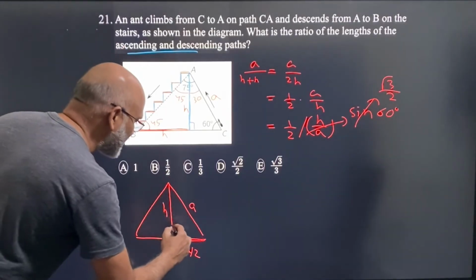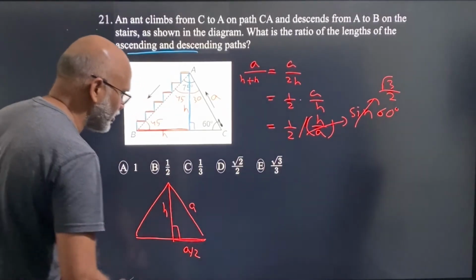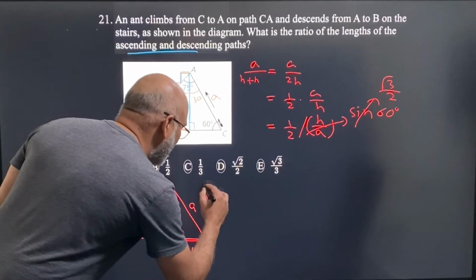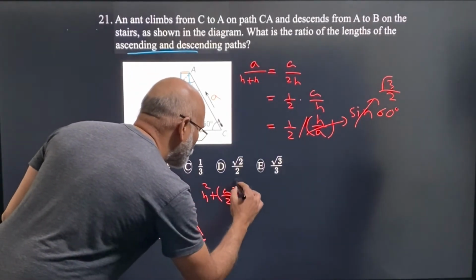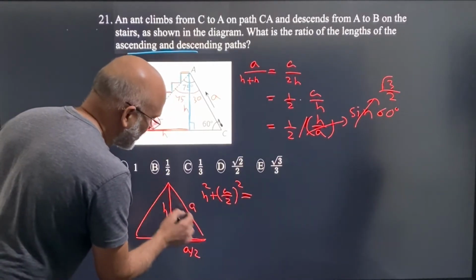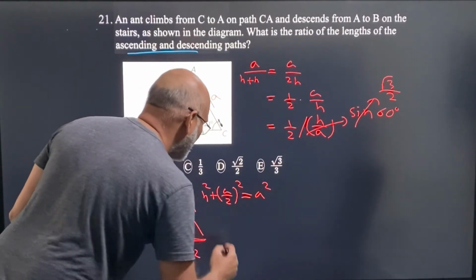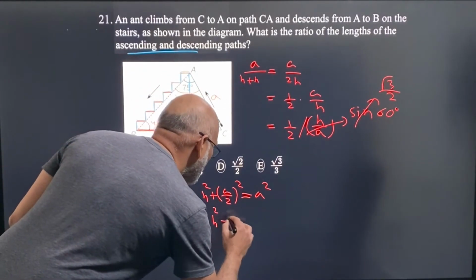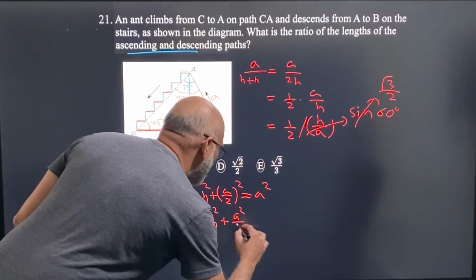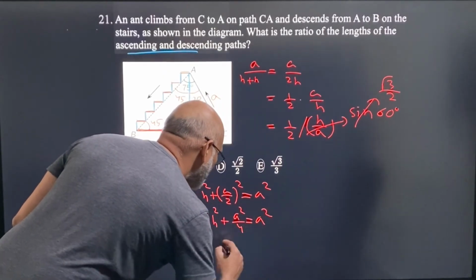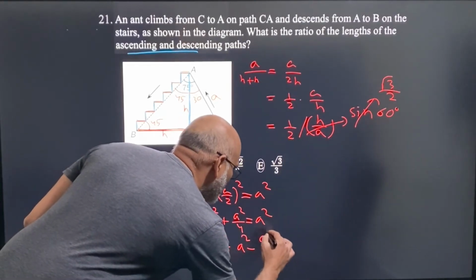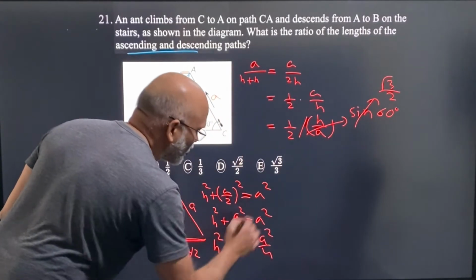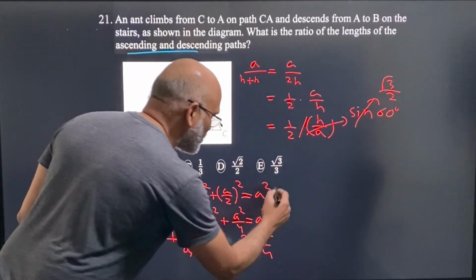If I apply Pythagoras theorem, again this is a right triangle, there is h square plus A by 2 square must be A square. So that is h square plus A square by 4 is equal to A square, or h square is equal to A square minus A square by 4. I'm taking the A square by 4 to that side.